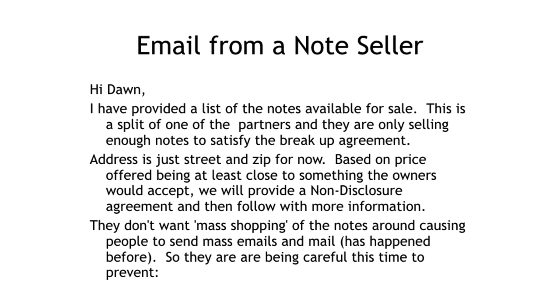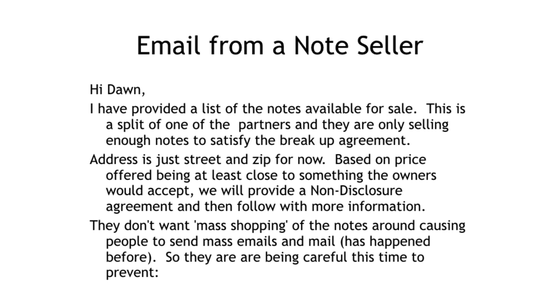What happens is one of the three partners died, and the partner's son just wants to be cashed out. I found out later they only need to raise 350,000, and they only want to sell enough notes to get the other partner's son out of the way, because normally their whole business model is to keep the notes. That's because they're making really good money doing it.